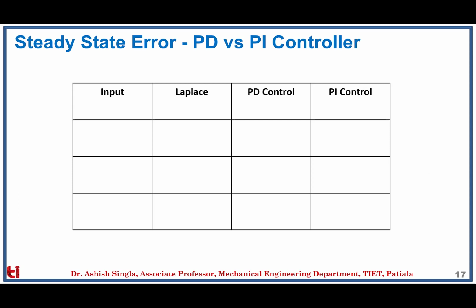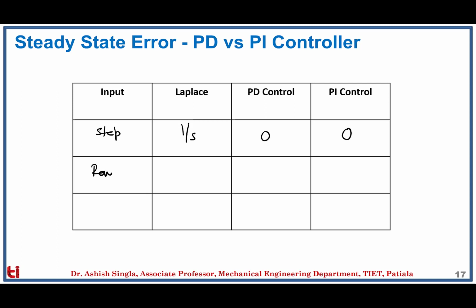We can compare the PD and PI controller based on the different types of inputs. So the first input is the step input, where the Laplace transform was 1 by s. The value of steady state error using PD control is 0. In PI control it is also 0.